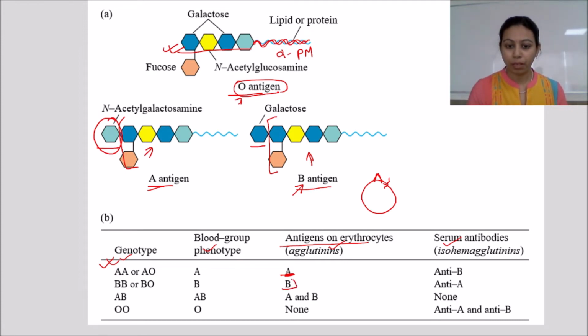The B blood group will react against this N-acetylgalactosamine. And you all know that the antibody is present toward the inner side of the cell. So the inner side of the cell will have the antibody, whereas the surface will have the antigen. So this is what has been explained.